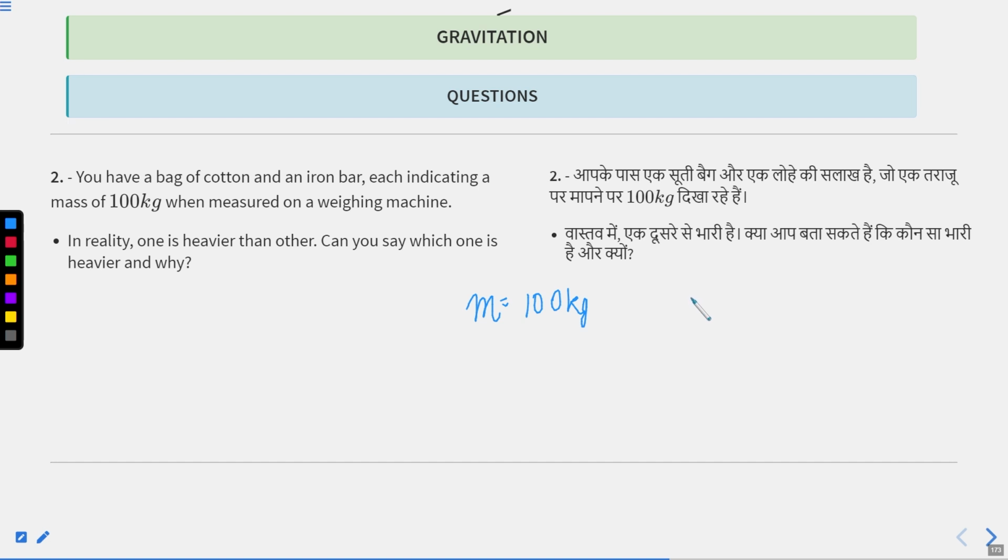Can you say which one is heavier? A bag of cotton or an iron bar? Which one is heavier? Both have the same measured mass.